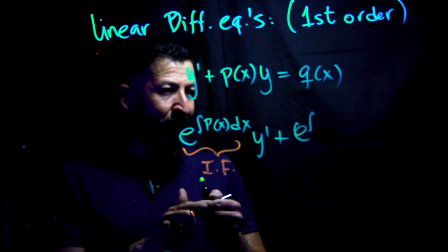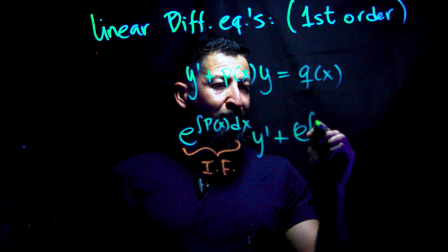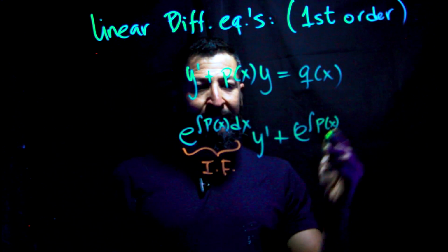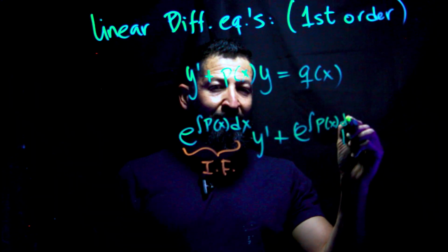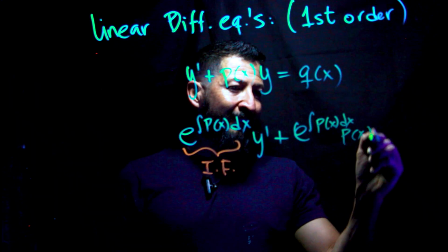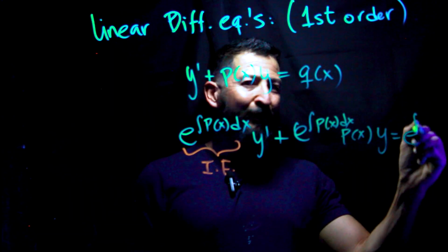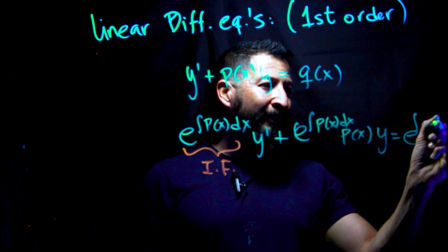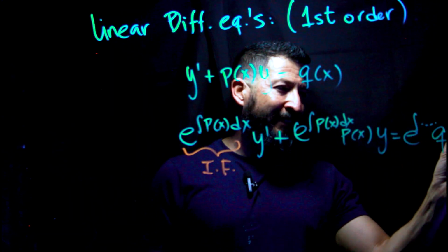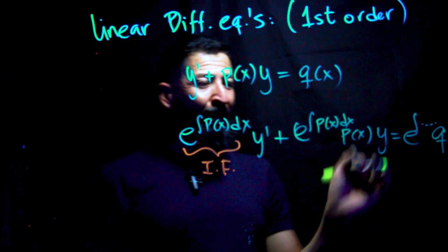The reason why it works that way, I'll explain after I finish writing everything. So e to the integral of p of x dx times y prime plus p of x y equals e to the integral times q of x. Okay, this is the same integral, right?